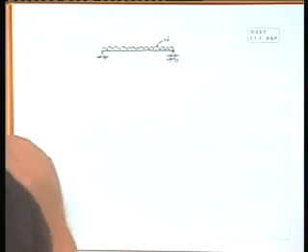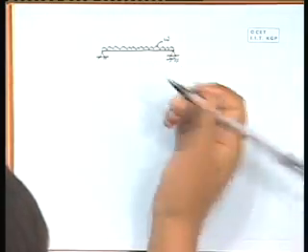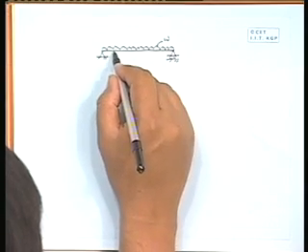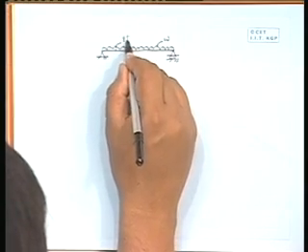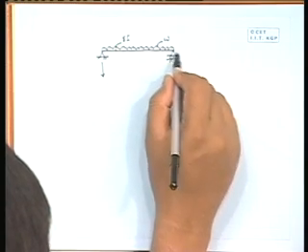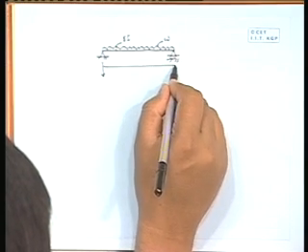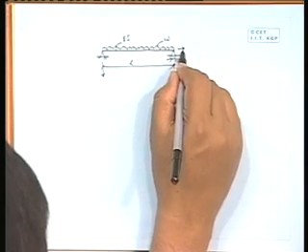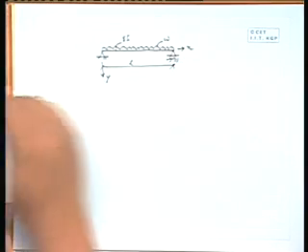So, this is a distributed load of intensity omega or W, and the member has some EI as the flexural rigidity. This is the length, this is x, this is y.